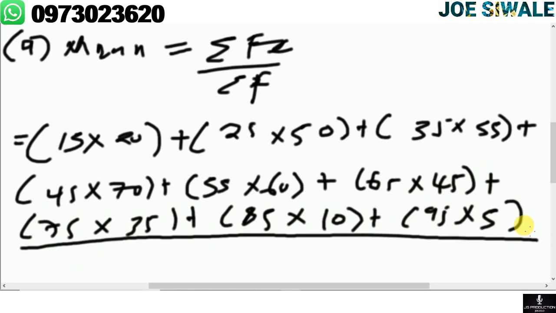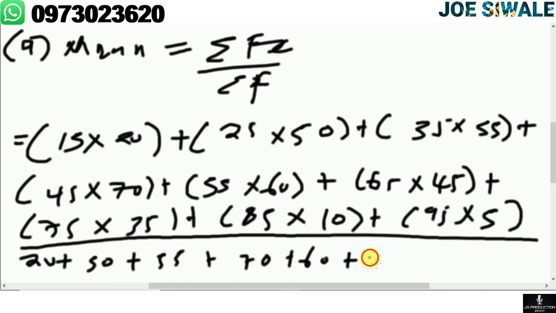For the summation of f, we're going to add all the frequencies: 20 plus 50 plus 55 plus 70 plus 60 plus 45 plus 35 plus 10 plus 5.